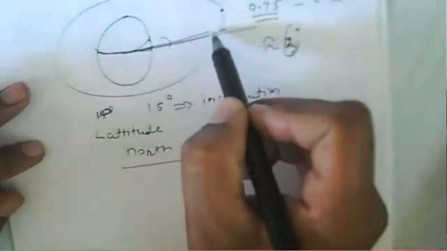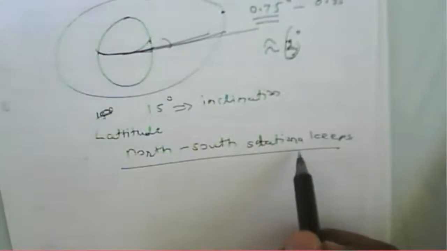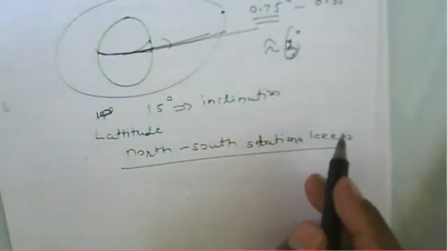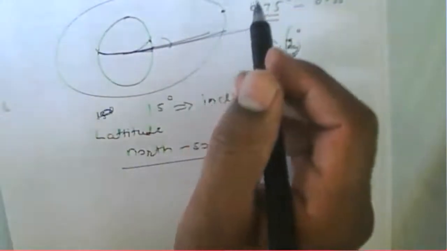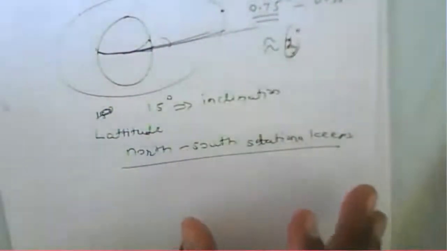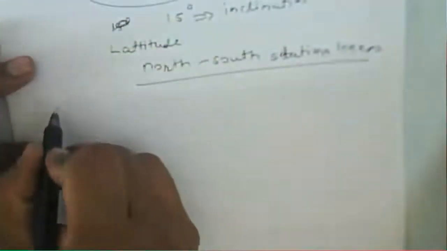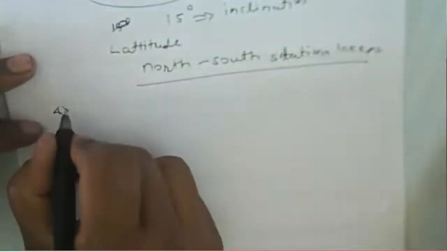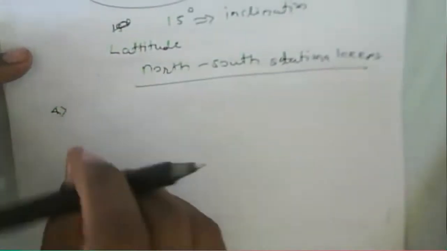Because of the gravity of the sun and moon, the position of the satellite changes, and then the satellite is not able to send the signal. That is about the sun and moon gravity.